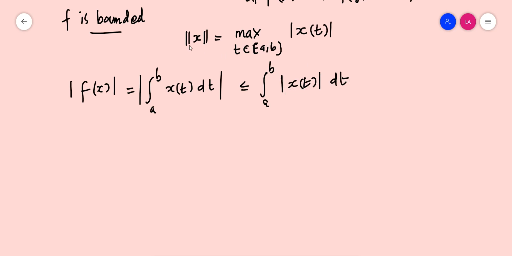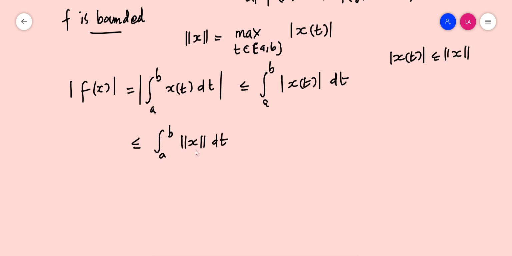Now norm x is the maximum of all modulus of x of t where t belongs to [a,b]. So clearly modulus of x of t is less than or equal to norm x. So this is less than or equal to integral a to b norm x dt.